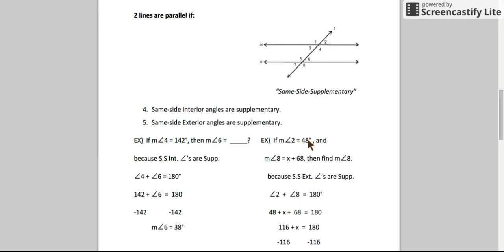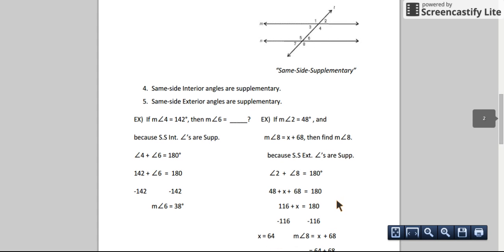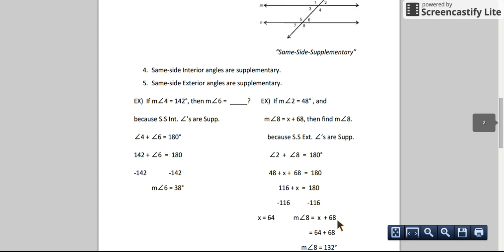Substitute some values that we were given. Angle 2 is 48. Angle 8 was x plus 68. We can combine some like terms and solve for x. 48 and 68 give us 116. And if we subtract 116 from both sides, we solve for x and we get 64. So if x is 64, then the measurement of angle 8 is whatever x was plus 68.